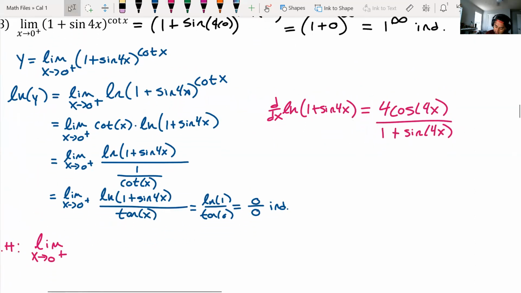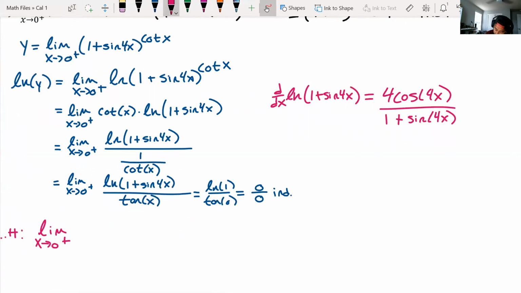So that's going down here. 4 cosine 4x over 1 plus sine 4x, over, and what is the derivative of tangent? Secant squared. Secant squared x.